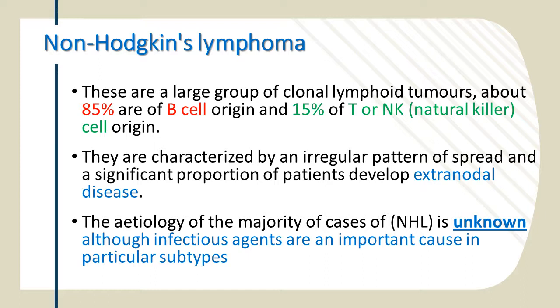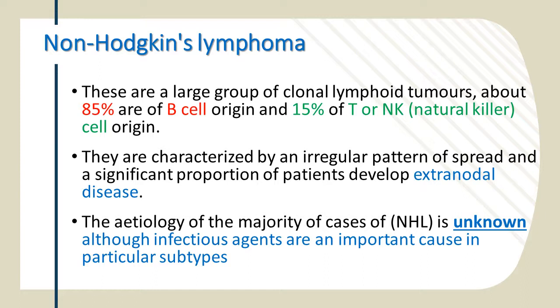About 85% are of B-cell origin and 15% of T or natural killer cell origin. They are characterized by an irregular pattern of spread, and a significant proportion of patients develop extranodal disease.